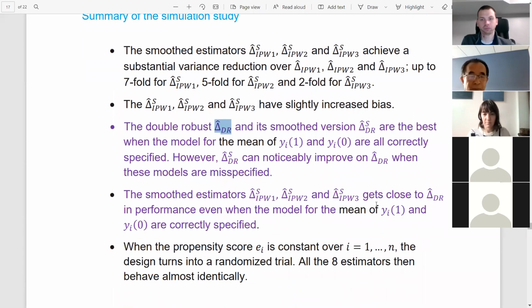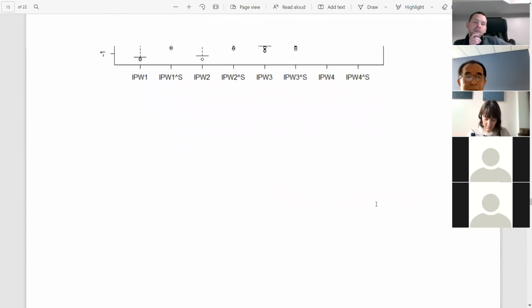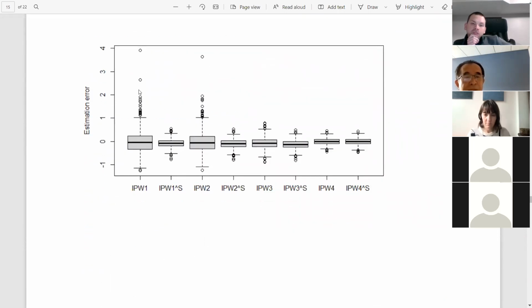Another interesting thing is you look at these IPW1, IPW2, IPW3. Originally they have really different variation, but after smoothing they all become almost the same.